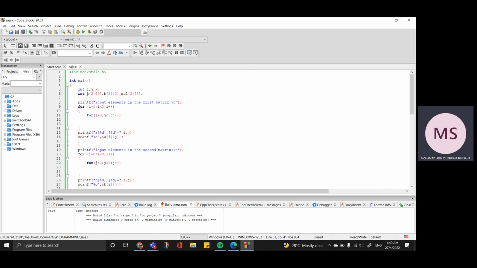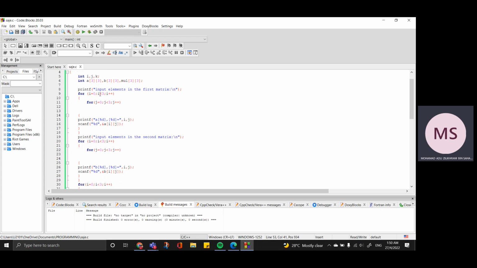Next, I declare int a[3][3], b[3][3], and mul[3][3]. A represents the first matrix, B is the second matrix, and mul is the product of the multiplication of A and B. I input 3 because it contains 3 rows and 3 columns, and the 2 square brackets mean a 2-dimensional array.